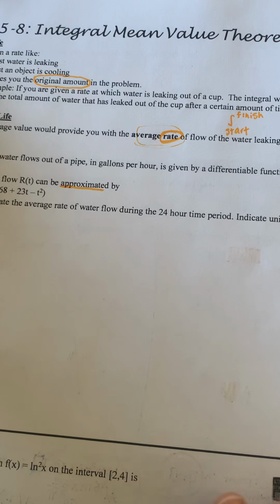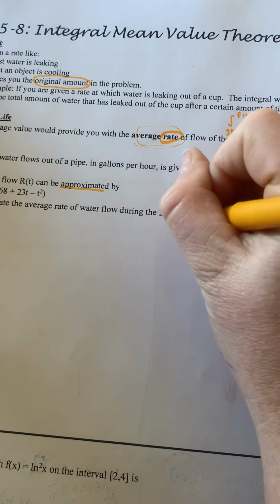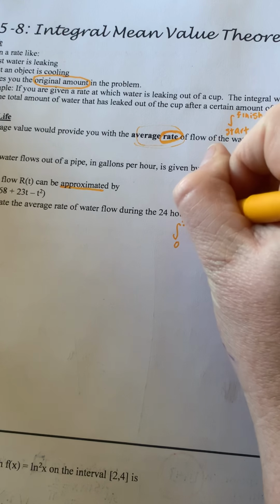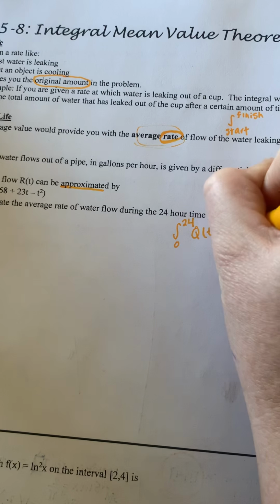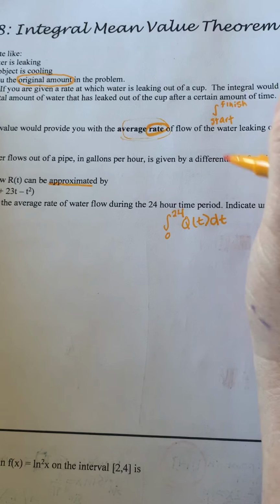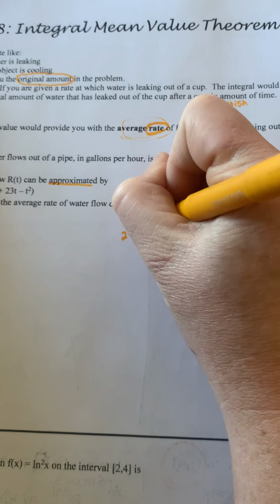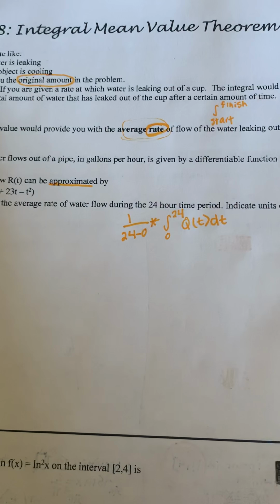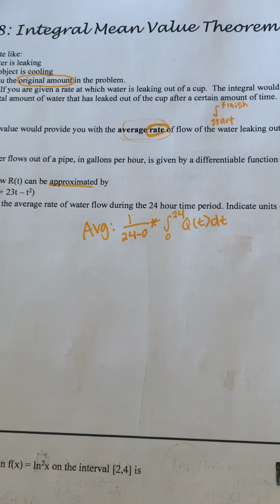Okay, so if we're trying to find this over an entire day, a 24-hour time period, that would make our integral from 0 to 24. And if we wanted to find the average, we'd have to do 1 over b minus a. This would be our average rate of flow.